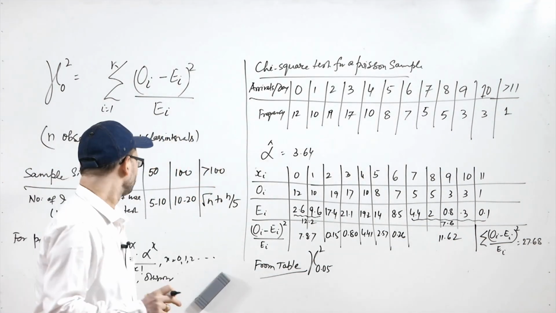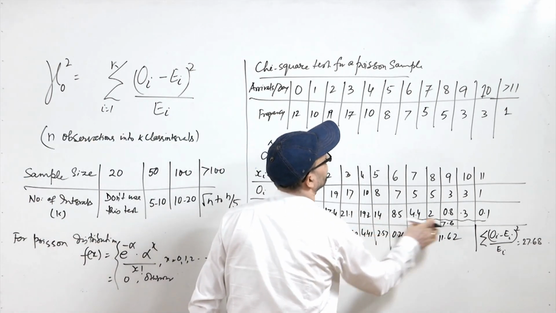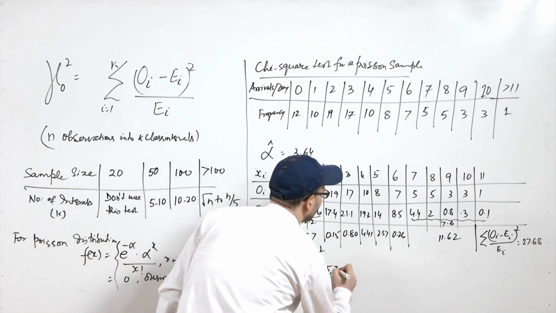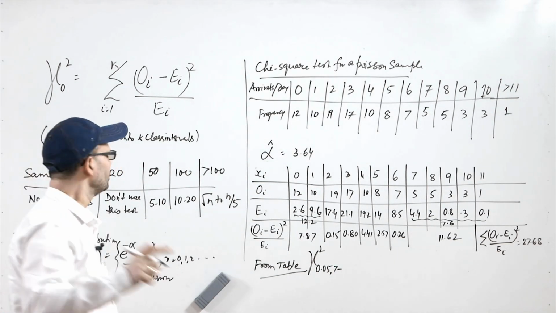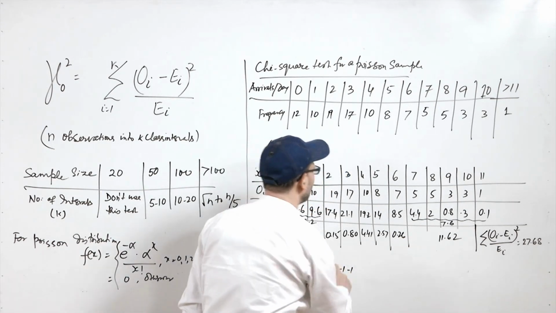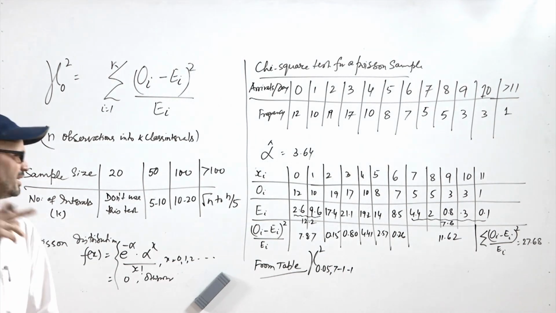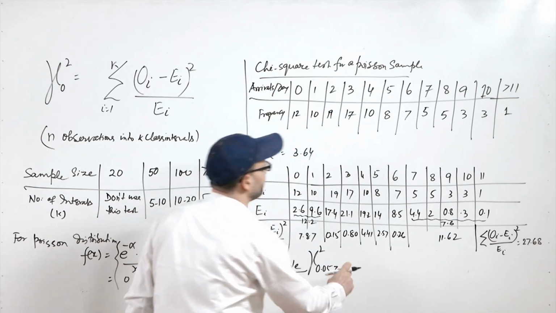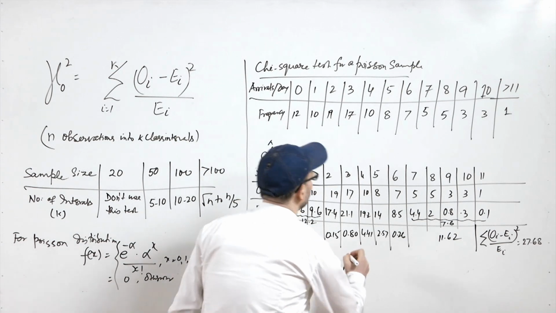So, you have intervals k, you can see here 1, 2, 3, 4, 5, 6 and 7. So, you have 7 intervals, k minus s. So, you have the parameter which is estimated, that is 1, you have calculated that alpha estimator. So, it is k minus 1 minus 1. So, that is 5. So, from the table you have to calculate this chi-square value for 0.05 and degree of freedom as 5, and that value is coming out to be 11.1.